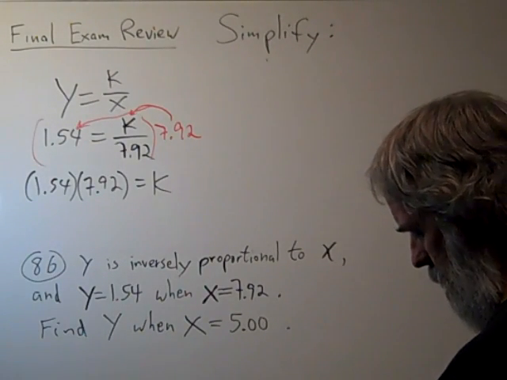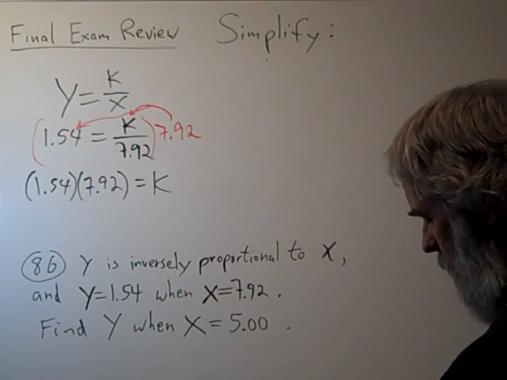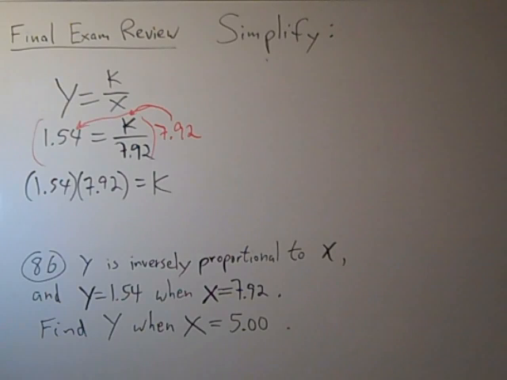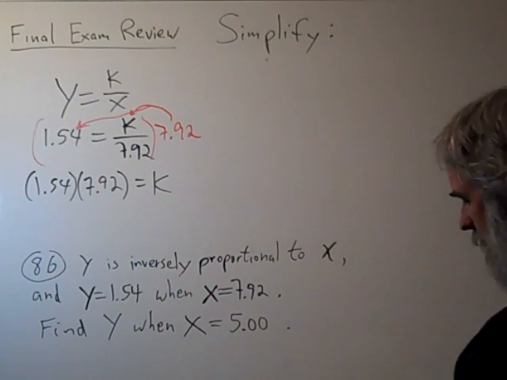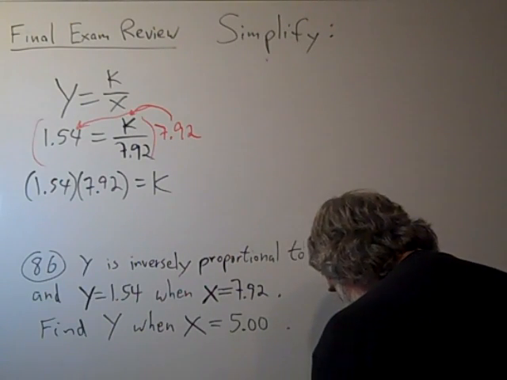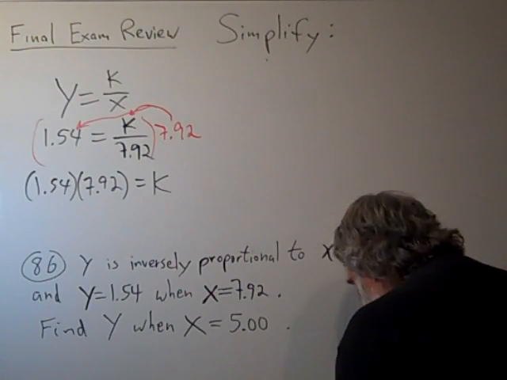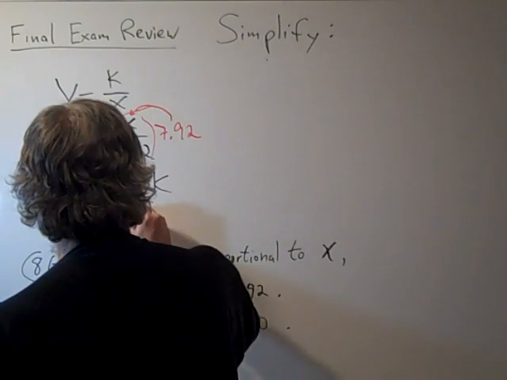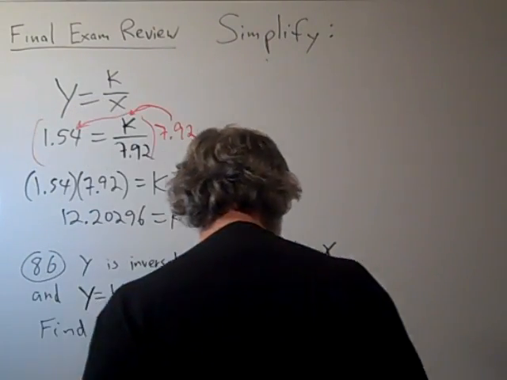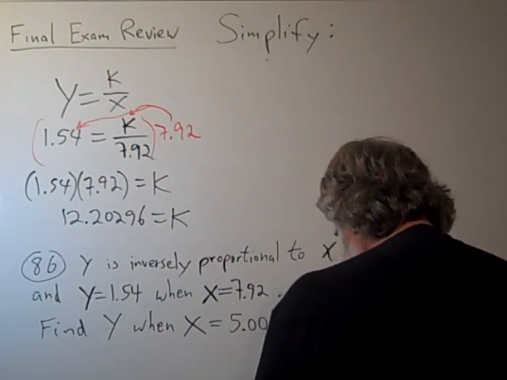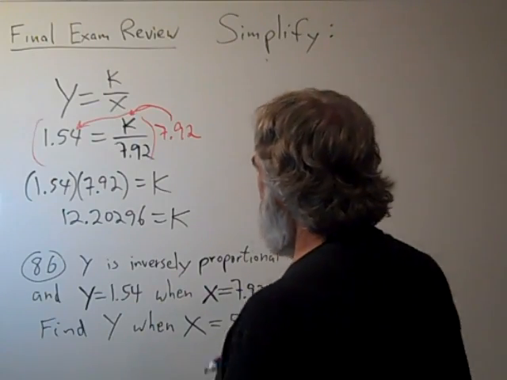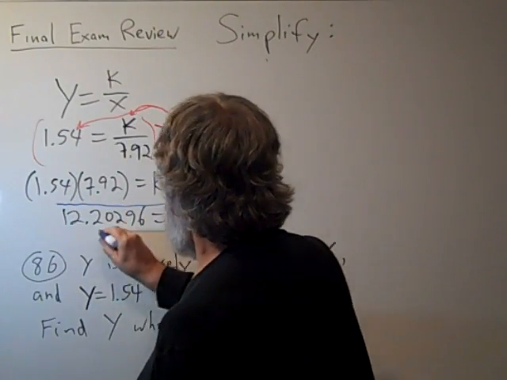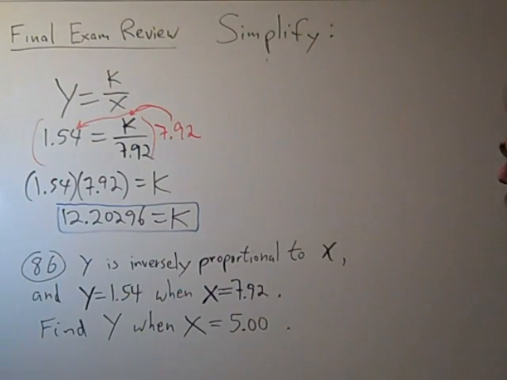And that number is 1.54 times 7.92, and we get 122, oh no, I'm sorry, 12.20296. Don't round off this value. You want to keep all the precision that you can in your constant of proportionality.